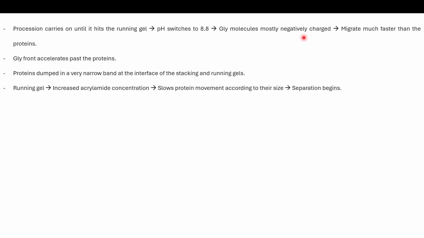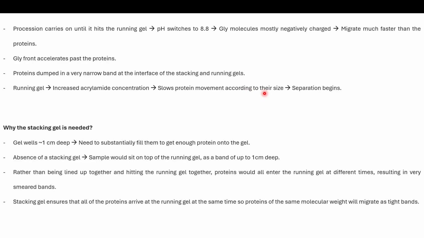Now glycine molecules become mostly negatively charged and migrate much faster than the proteins. So the glycine front accelerates past the protein. Proteins are now dumped in a narrow band at the interface of the stacking and running gels. In the running gel, the increased acrylamide concentration also slows down the protein movement, and hence the resolution or separation begins according to the sizes of the molecules.